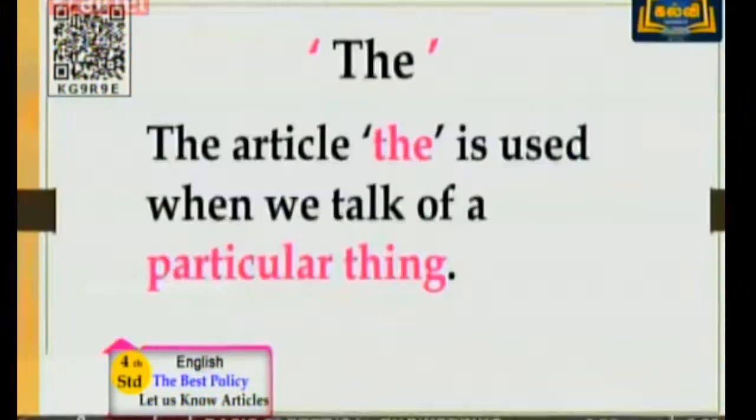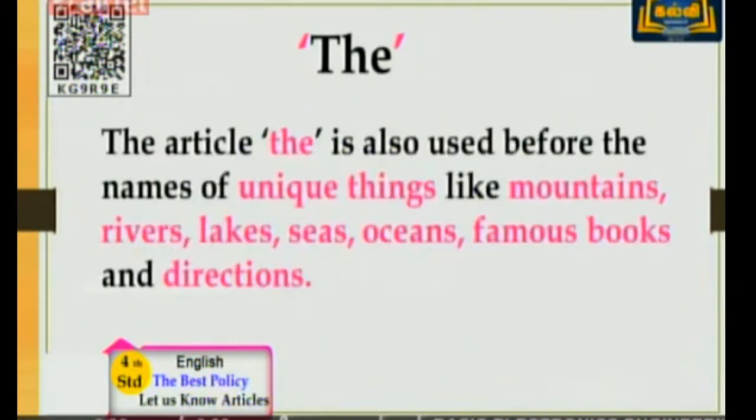The article the is used when we talk of a particular thing. If you tell anything like that, we have to use the article the. The article the is also used before the names of unique things. I told you before itself, the article the is used before particular things and unique things.